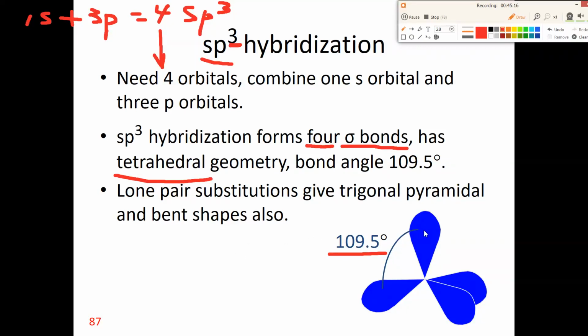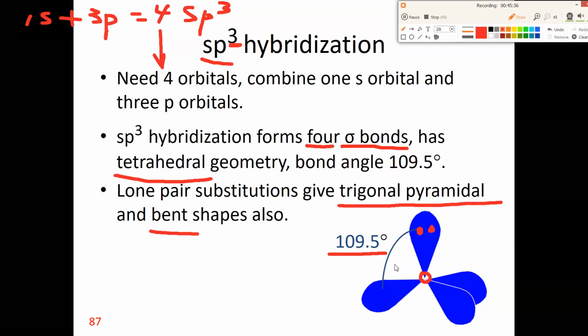If we have a lone pair substitution, we're going to have a trigonal pyramidal or bent structure. If you have a lone pair substitution on this one, with the central atom and 3 at the bottom, it becomes trigonal pyramidal. If you have 2 lone pair substitutions, like in water, this is going to be bent. This is 2 terminal hydrogens with a central oxygen, giving a bent shape.